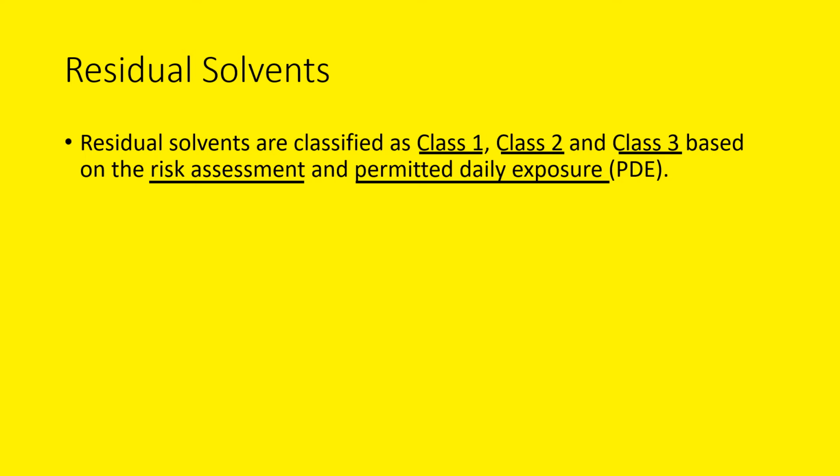But as a general recommendation, usage of Class 1 solvents in the manufacturing process should be avoided as they are potential carcinogens. But the list provided in these three classes is not all inclusive. Any residual solvent which is not part of the classified list is considered a Class 4 solvent and has to be established through a risk assessment report before assigning the limits.